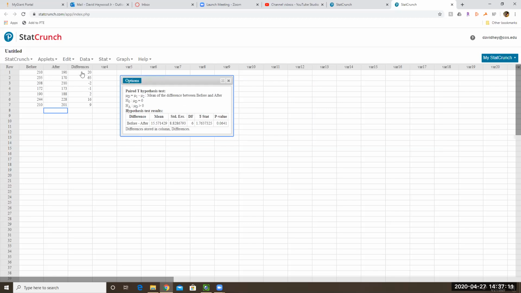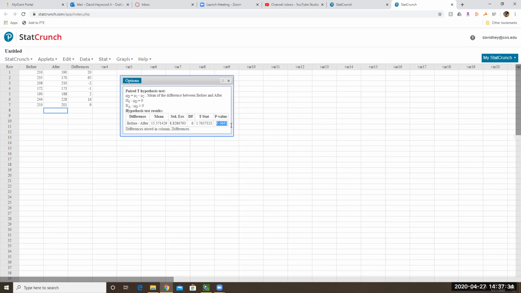It's not necessary to have those, but if you ever have a homework problem that asks you to calculate all the differences, probably a quicker way to do it is to just go ahead and enter it into StatCrunch, run the test, and click that little box that says save differences, and then you have all of these stored in a column without you having to individually punch in each one into your calculator.